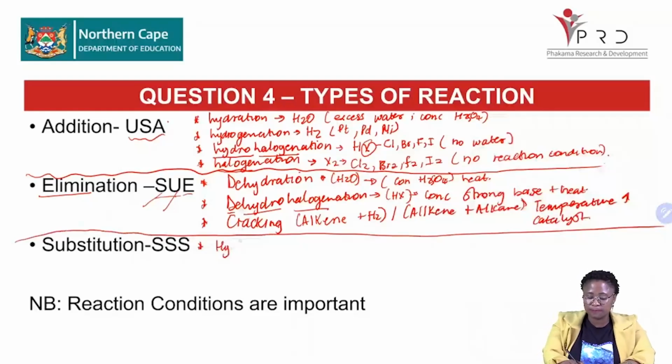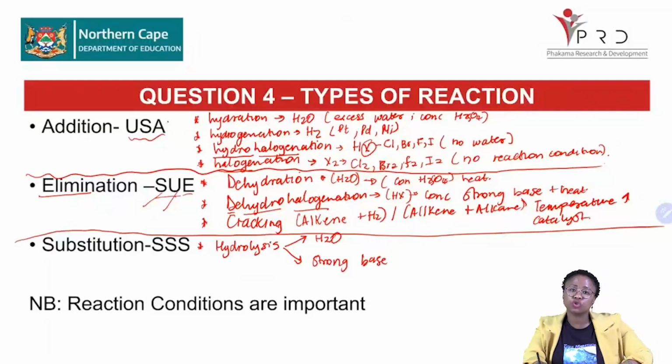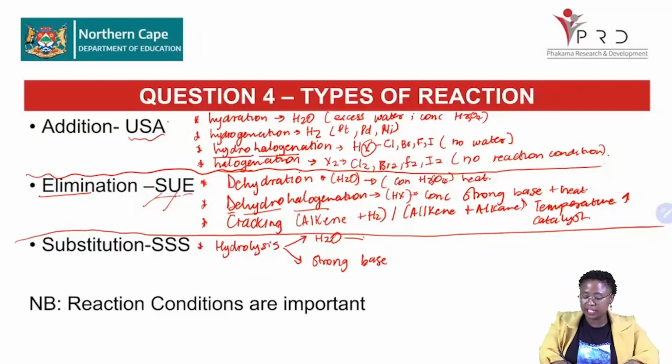you are substituting. So we have hydrolysis. Okay, so there are 2 types of hydrolysis reaction. Either you are substituting using water, or you are using a strong base. Okay, you are substituting using a strong base. Very much important. But the 2 are different because of their reaction conditions.